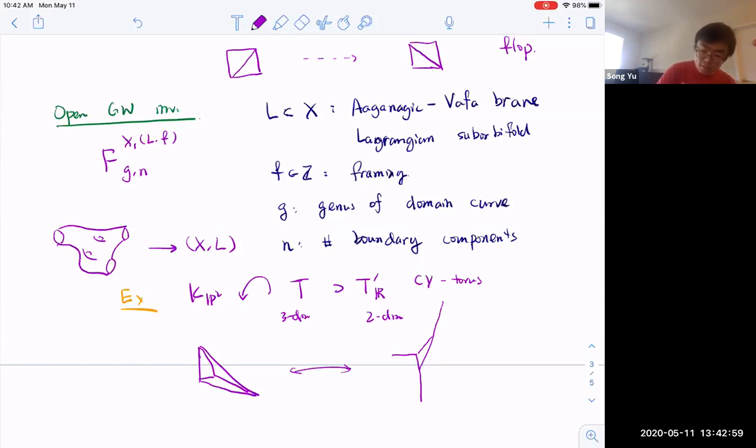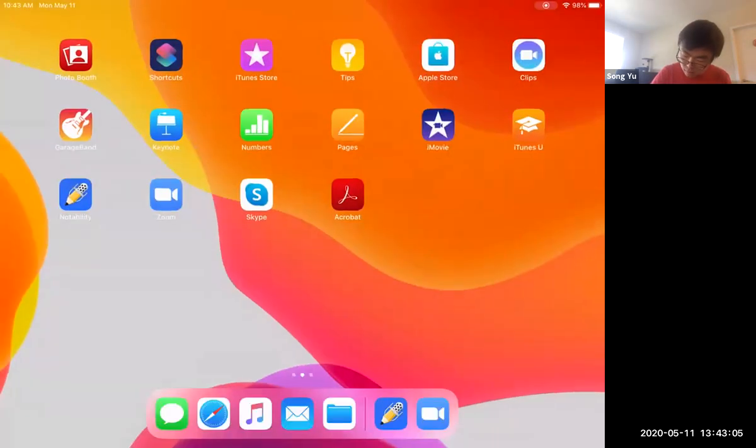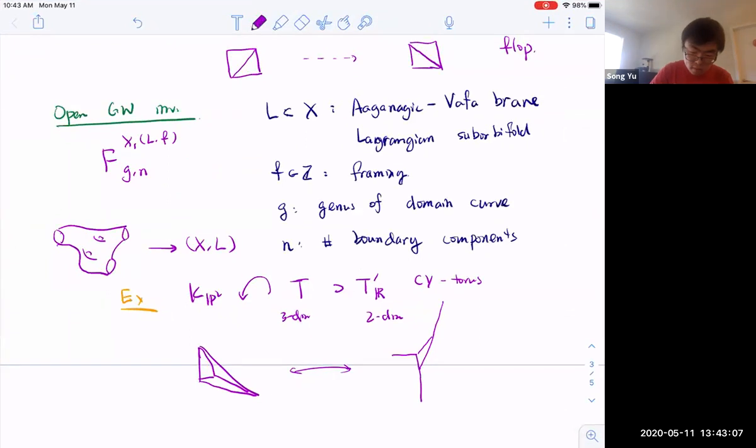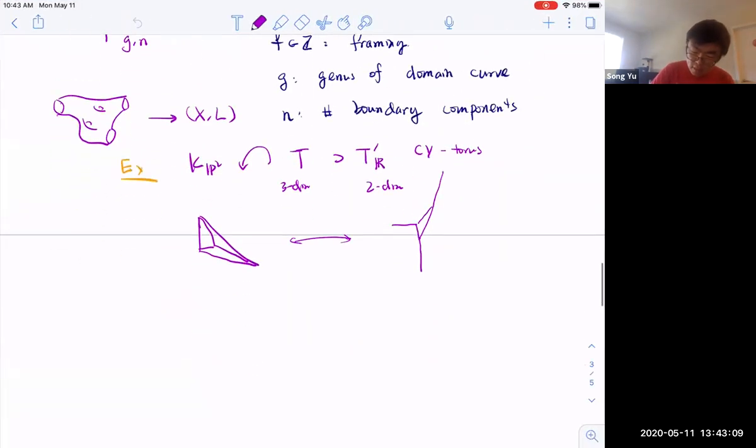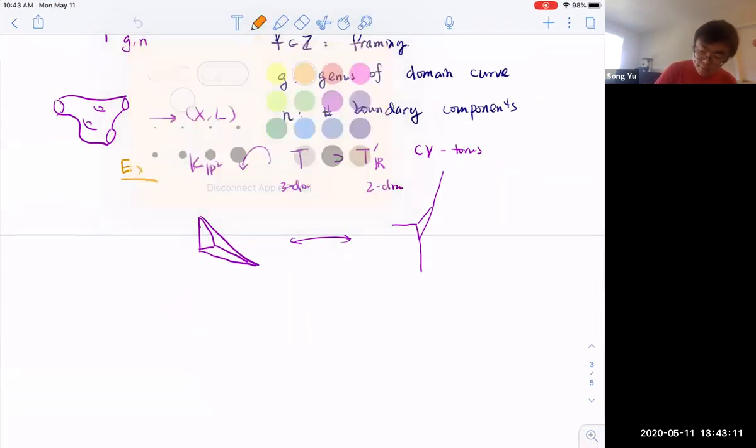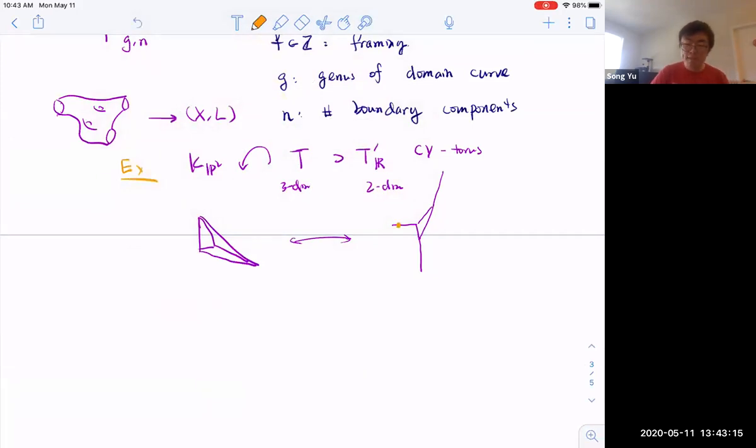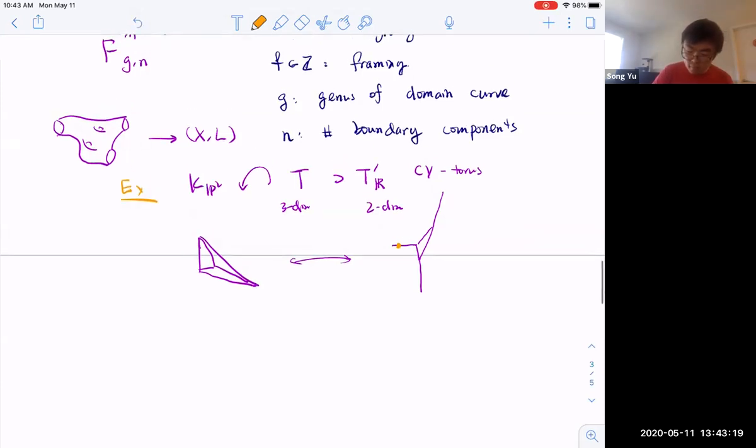And then the Aganagic-Vafa brane would just lie on the preimage of a single point in some line segment here. It will be defined by a set of equations.